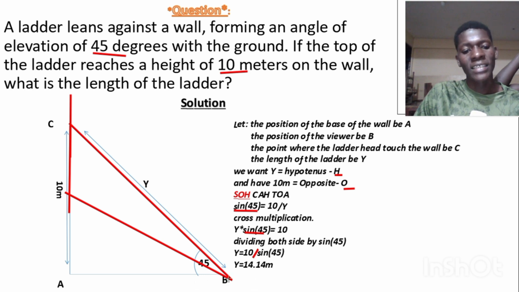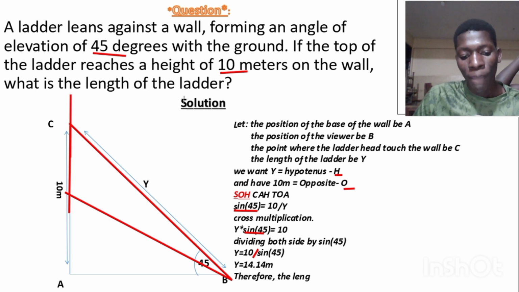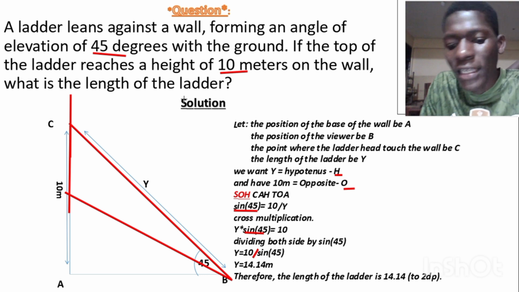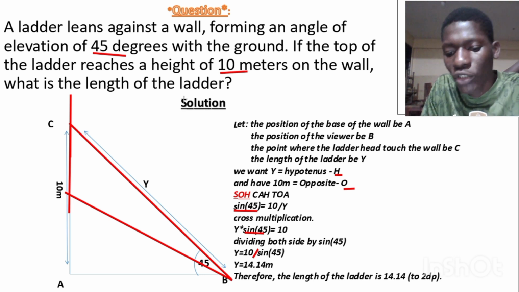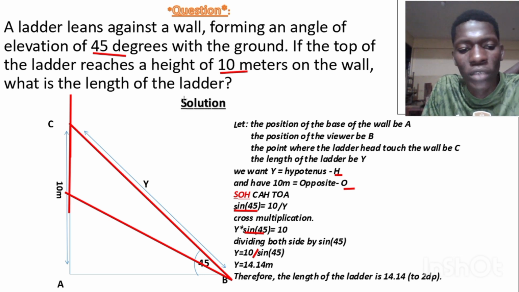That means that the ladder was 14.14 meters tall. We don't have to give them y, because in the question there's not anything like y. So we have to tell them the length of the ladder, that's what they requested. Therefore, the length of the ladder is 14.14 meters to 2 decimal places.